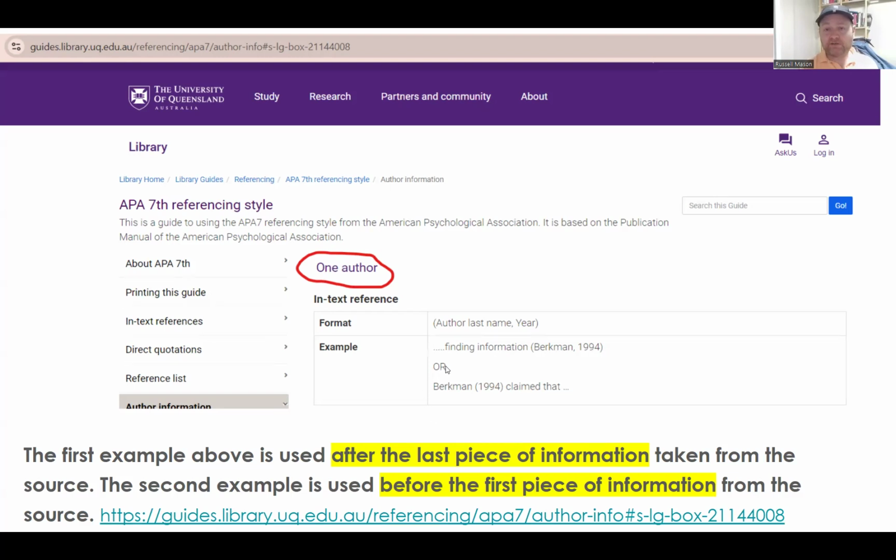Or we can use it as the grammatical subject. And in that case, we need a reporting verb, which we will look at later. And then we continue the sentence. Okay, so those are the two ways of doing it. We can either put it after the last piece of information. So that's the first example here, or before the first piece of information. And that's the example given here.